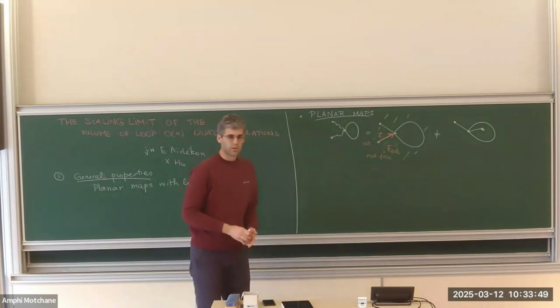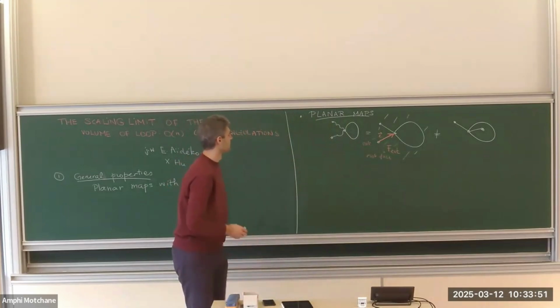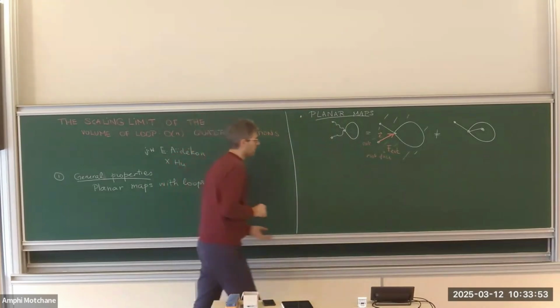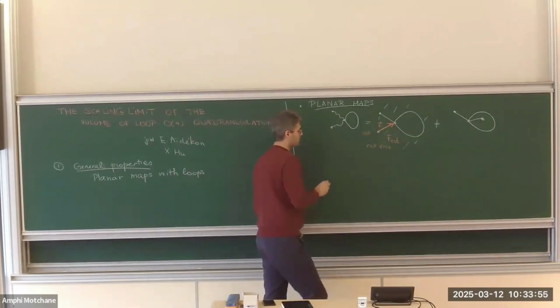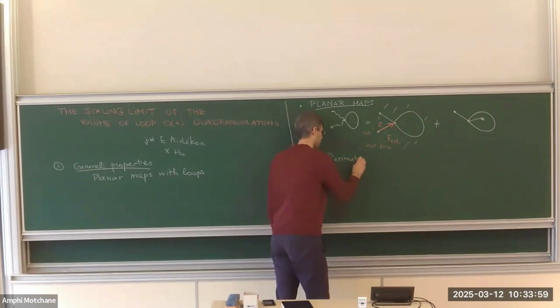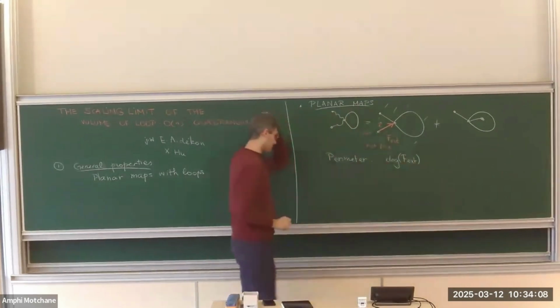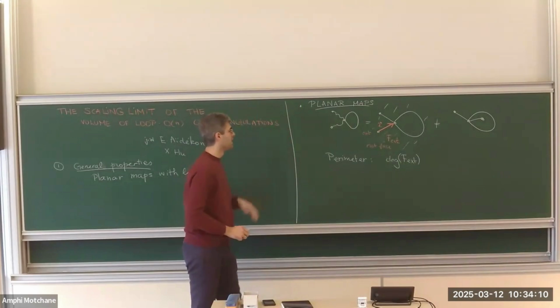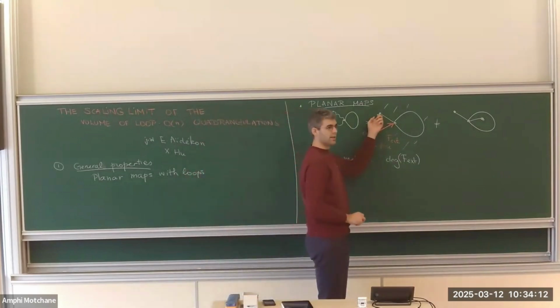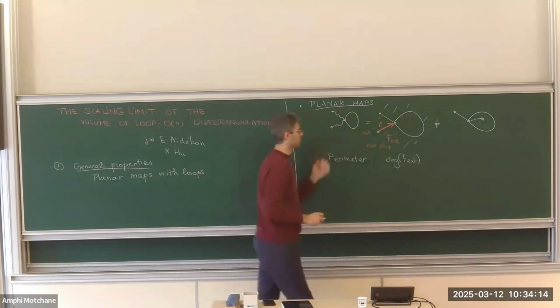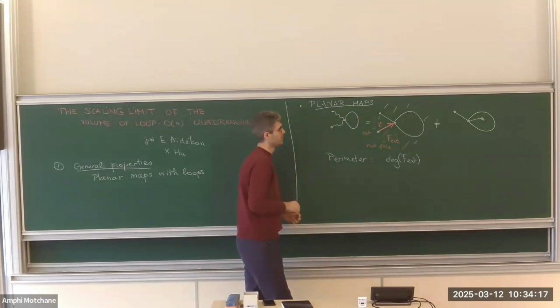Also feel free to interrupt and ask questions if you want. An important parameter for us is the so-called perimeter of the map, which is just the degree of the external face. By degree, I mean the number of edges you find in your face when you're drawing the contour of that face.